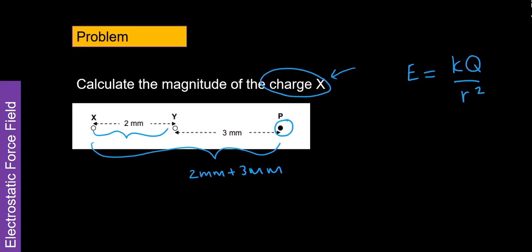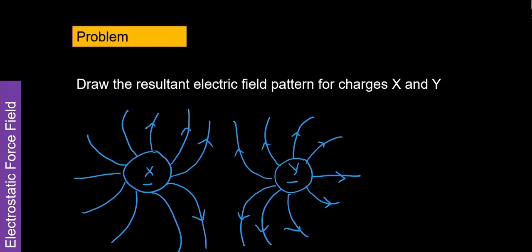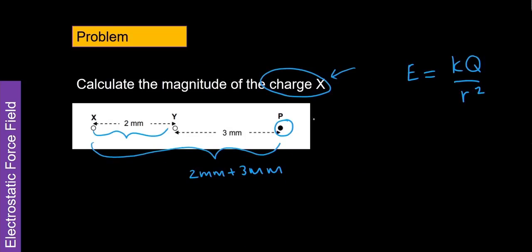The electric field strength, let me go back because I can't remember it offhand, was 5,44 times 10 to the 6. So we do know this. They've given it to us. So the electric field strength E is 5,44 times 10 to the 6 newtons per coulomb.